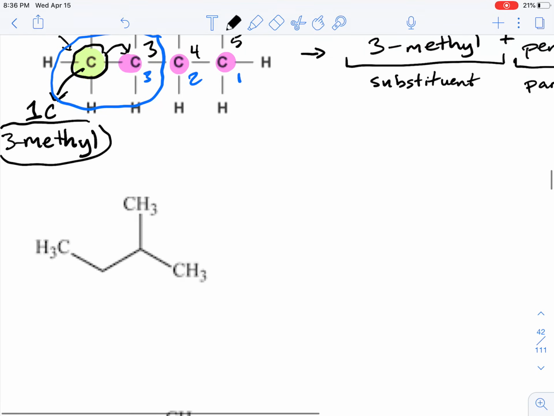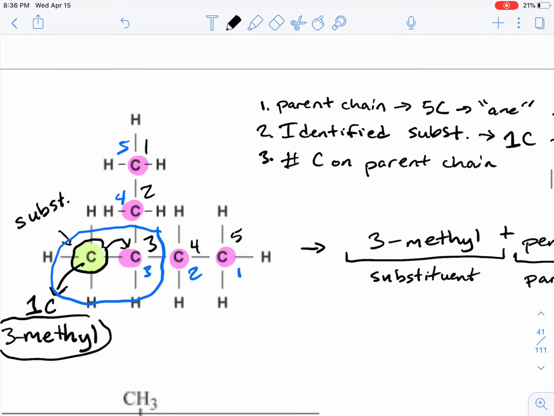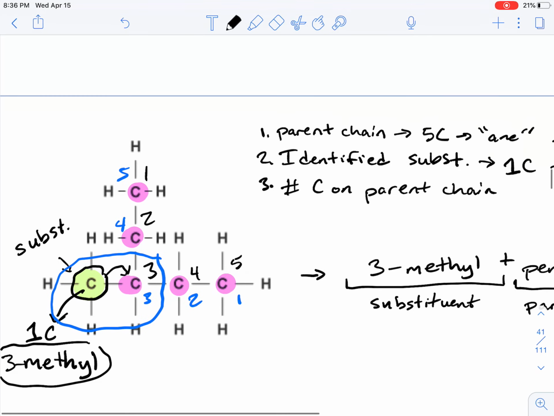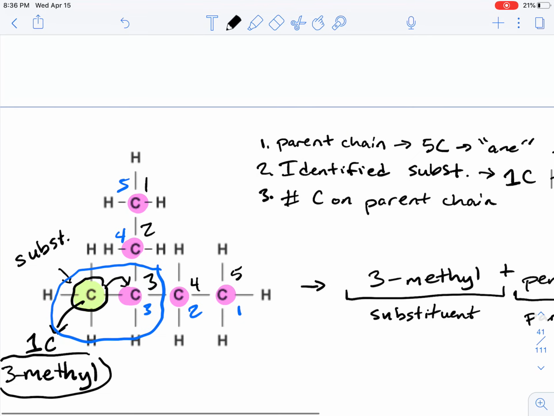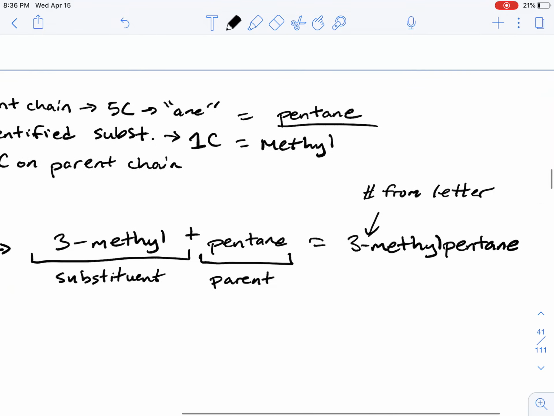Okay, so let's go ahead and look at another example. By the way, if you can't see it using the expanded structure, you can always convert your expanded structure into a skeletal. And so notice how we have 5 carbons on the parent chain.